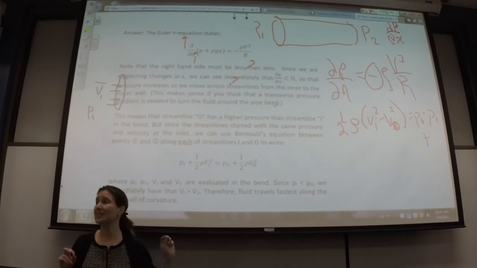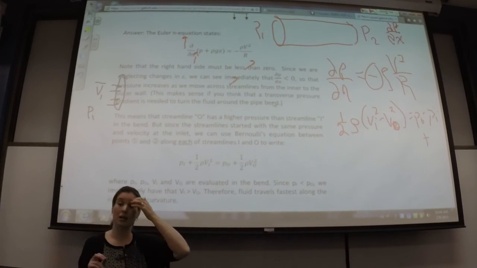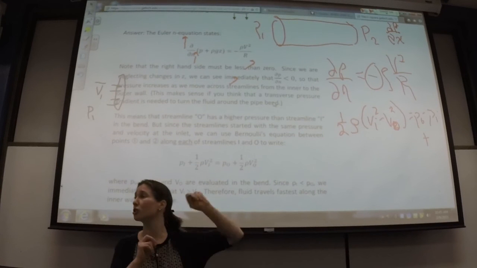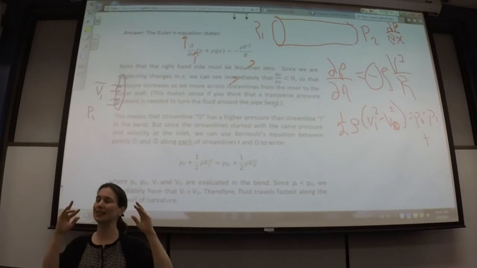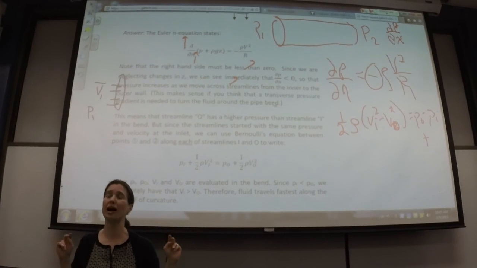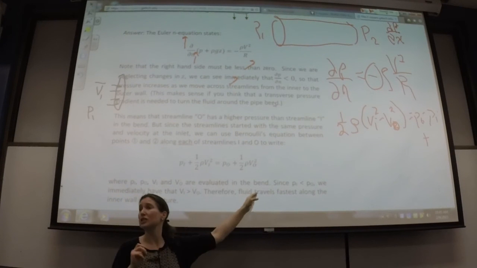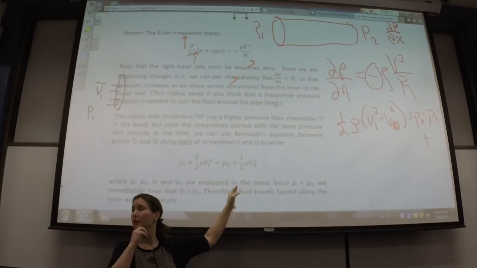So if that's taking place, then that fluid is going to travel fastest along that inner curvature, not because there's a slightly less distance traveled, but through this relationship here. Okay.